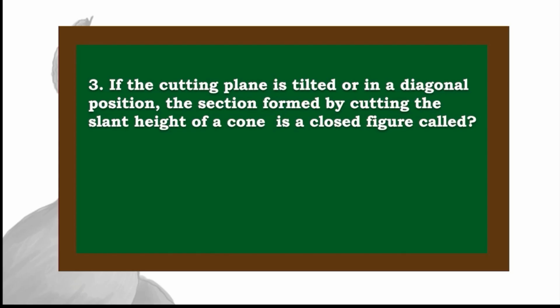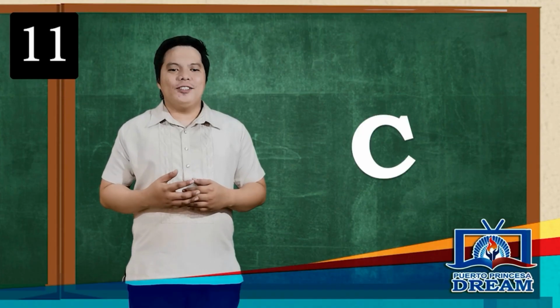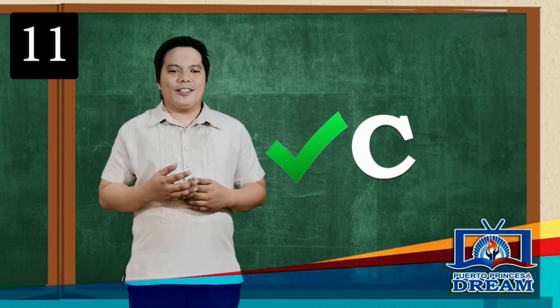If the cutting plane is tilted or in diagonal position, the section formed by cutting the slant height of a cone is a closed figure called A. Circle, B. Parabola, C. Ellipse, D. Hyperbola. If your answer is letter C, that's correct.